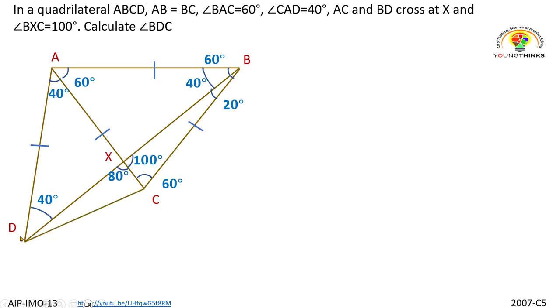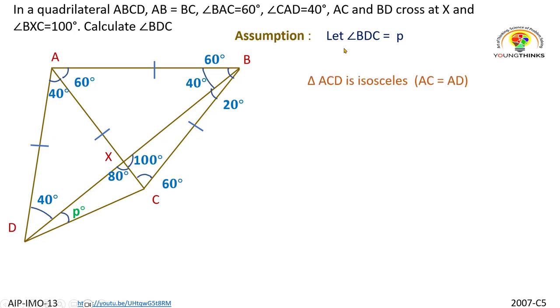Now if I connect this DC, let's call this angle BDC to be angle P. Now, if you look at the triangle ACD, it is an isosceles triangle because this side AC we have proven to be equal to that side AD.